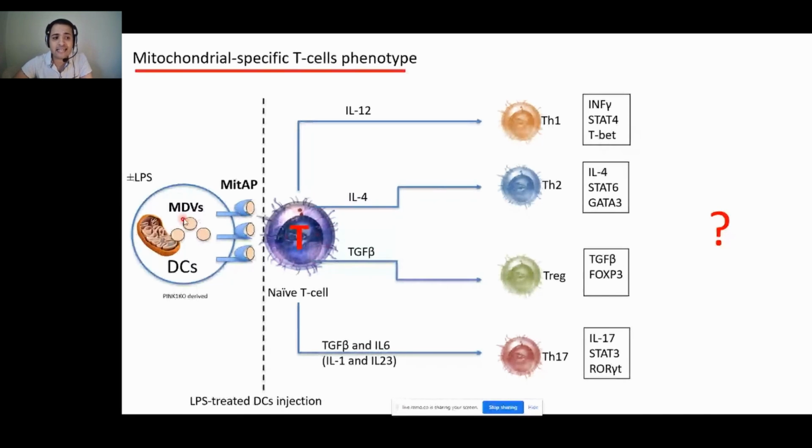These are antigen presenting cells able to perform MITAB. So we decided to inject stimulated dendritic cells derived from BINK-KO mice that had been proven before to perform MITAB significantly upon LPS induction. And then we check the phenotype of the T cells after this injection of antigen presenting cells specifically performing MITAB by flow cytometry.